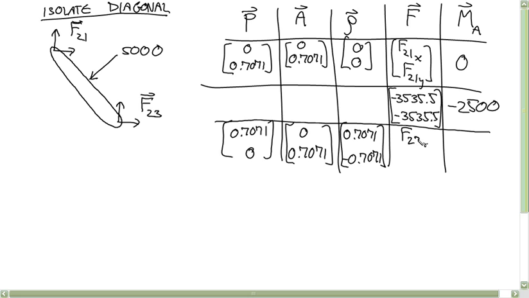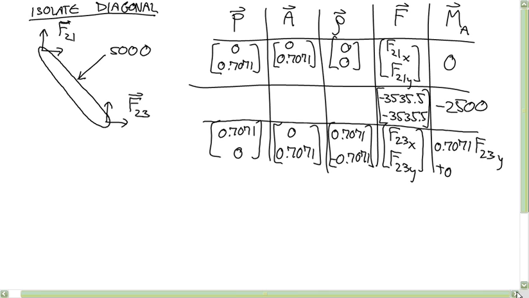The force is F23x, F23y. And so you get 0.7071 F23y plus 0.7071 F23x.